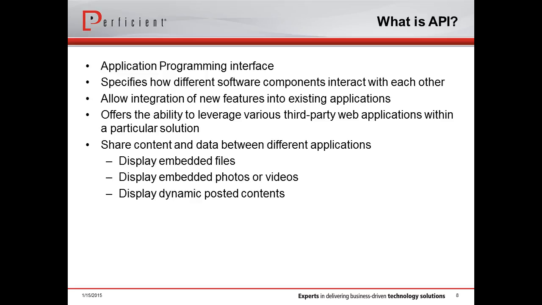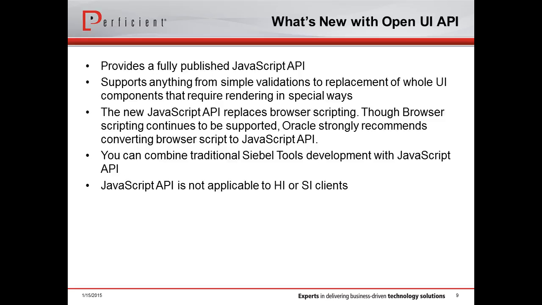Similarly, if you schedule a web meeting outside of Outlook, it may sync up automatically with your Outlook calendar. That's just one example of existing APIs for common applications like Outlook. There are many other examples of applications having existing APIs to offer these types of integration benefits.